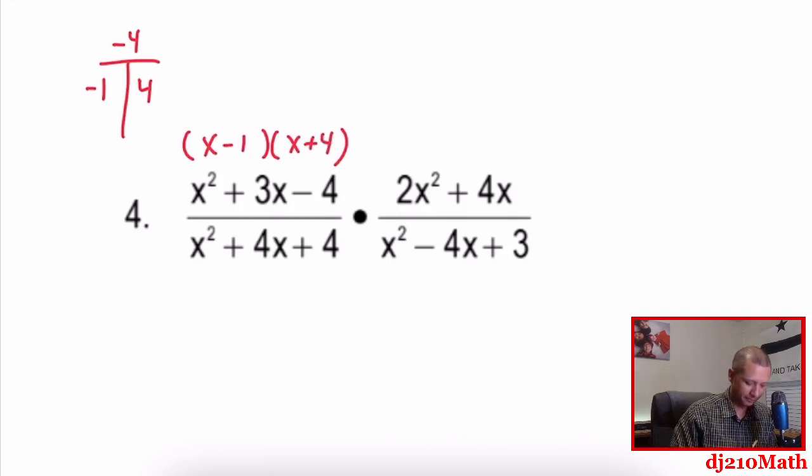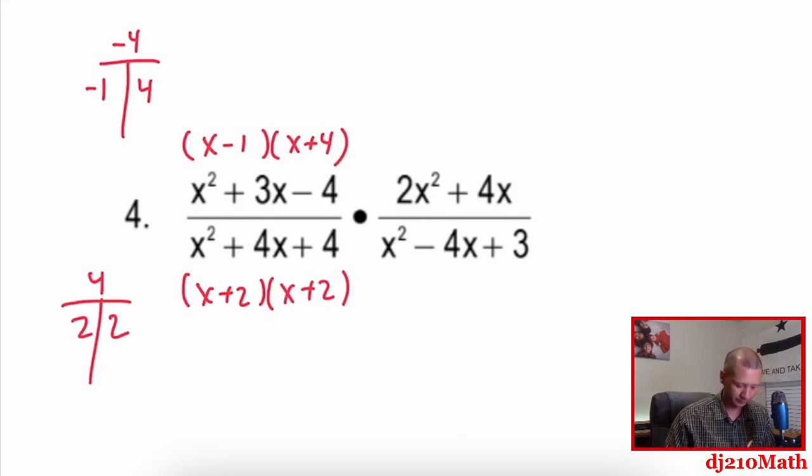Okay, bottom left. Numbers that multiply to make 4 that add up to 4. That's going to be 2. Right? 2 times 2 is 4. 2 plus 2 is 4. So x plus 2. Top right, we can factor out a 2x. So left behind is going to be x plus 2.